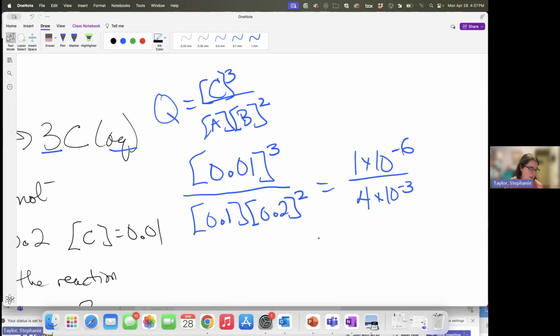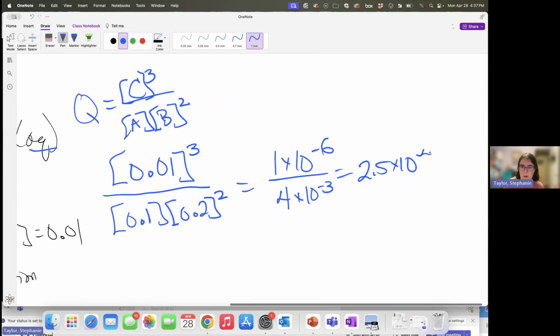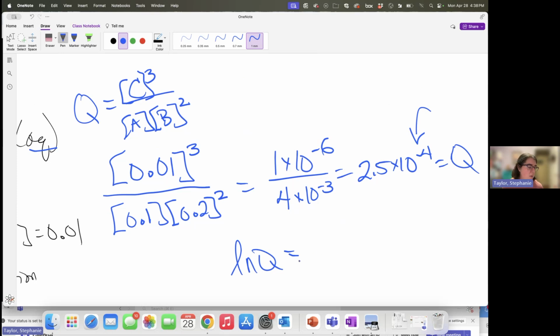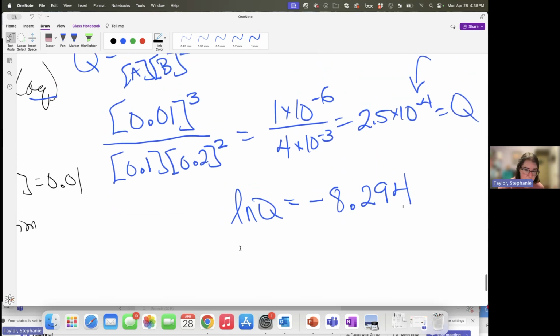So 1 times 10 to the negative 6 divided by that, and I get something like 2.5 times 10 to the negative 4. So that's my value of Q. Then I'm going to take the natural log of that number. Because this number has a negative exponent, the natural log of Q is also going to be negative. So I have negative 8.294. That is then the value of the natural log of Q.